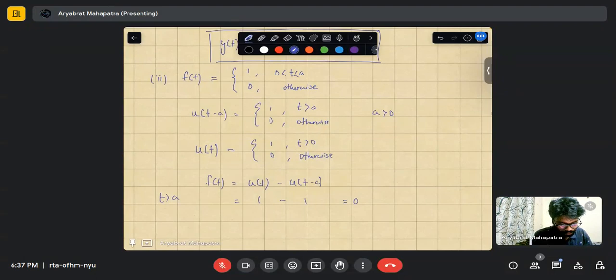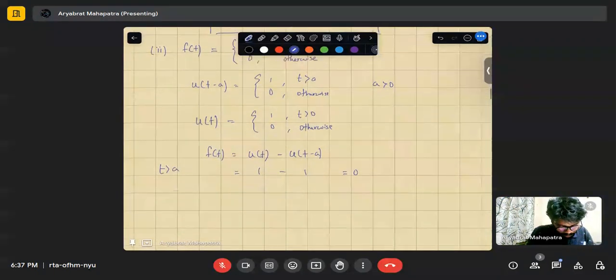For the case when t is greater than 0 but less than a, u of t will be 1, but u of t minus a will be 0.